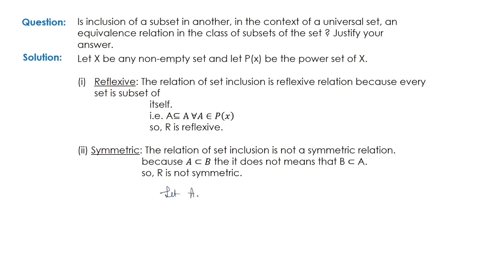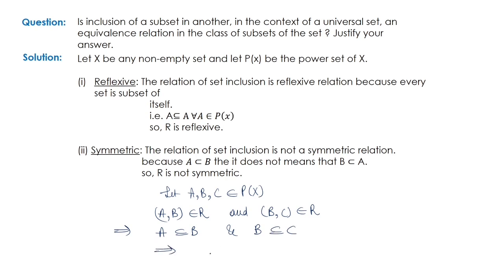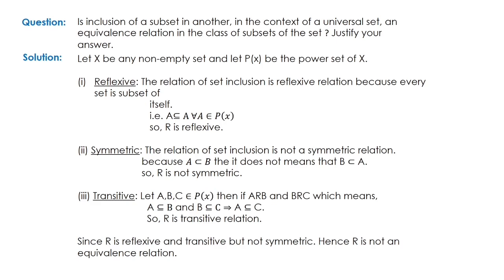Let A, B and C be in the power set of X, and if (A, B) belongs to the relation R and (B, C) also belongs to the relation R, it means that A is a subset of B and B is a subset of C. It means that A is also a subset of C, which means that (A, C) belongs to the relation R. Hence, my relation R is a transitive relation, but it is not symmetric.